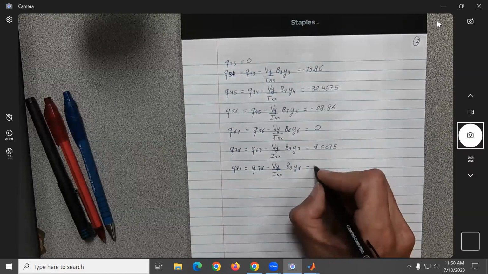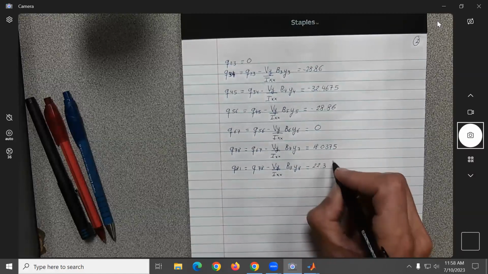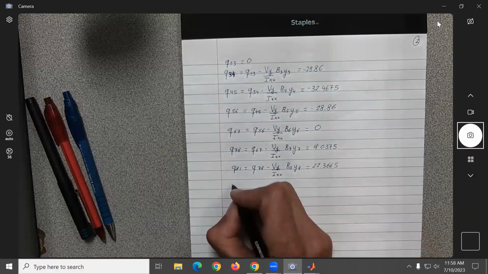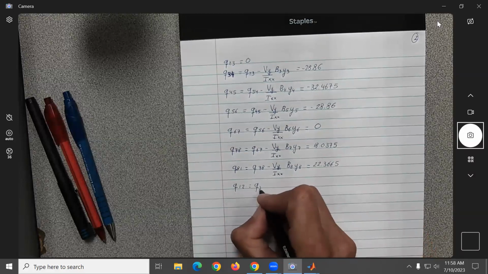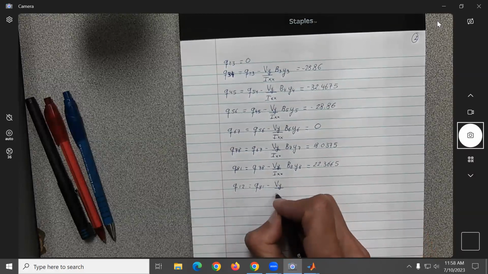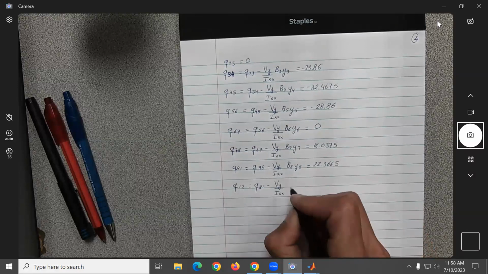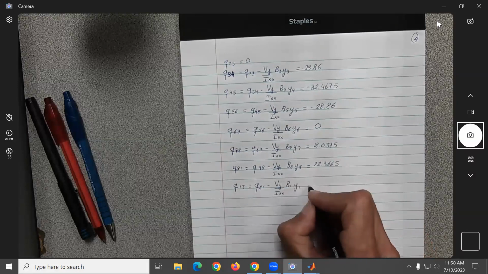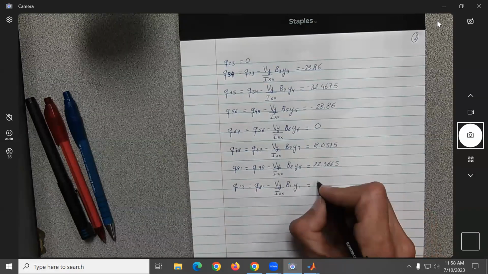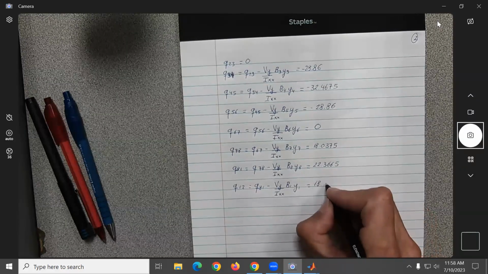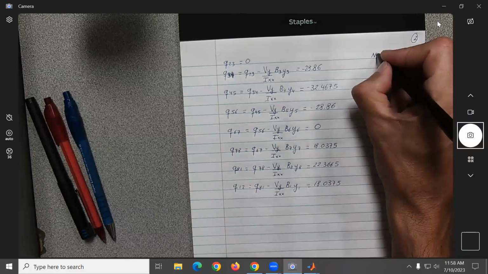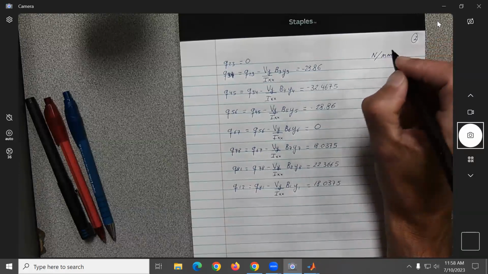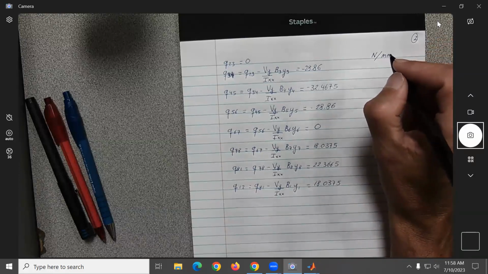That will give you 22.3665. And finally, Q12 will be equal to Q81 minus Vy over Ixx B1 Y1, equal to 18.0375. I didn't put the units, but all these units should be newtons or kilonewtons? Newtons, okay.